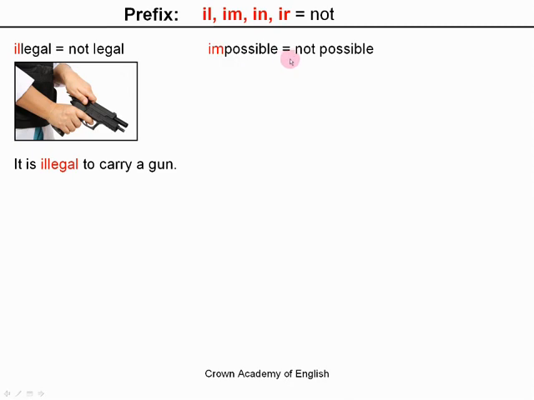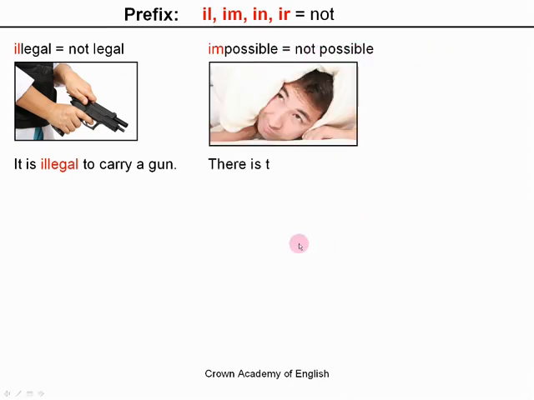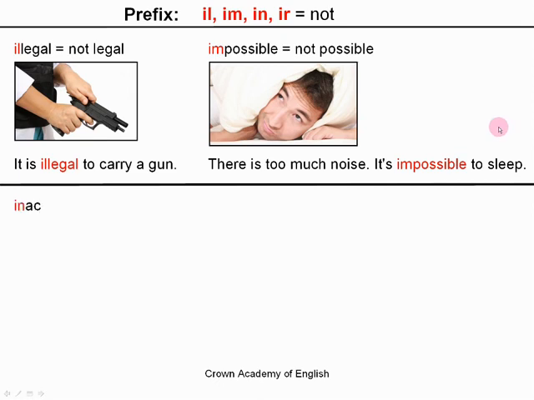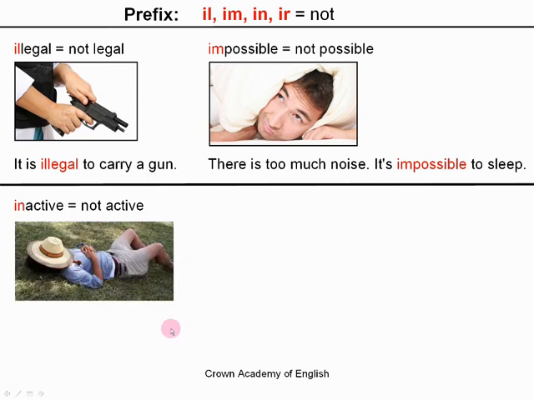Impossible is not possible. There is too much noise. It's impossible to sleep. Inactive means not active. Mark is very inactive.